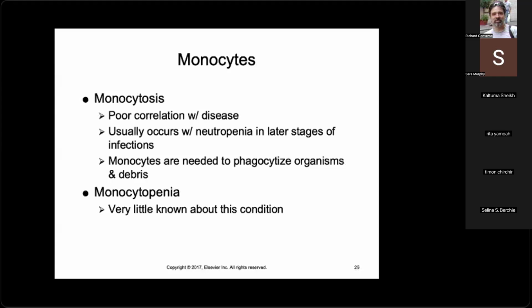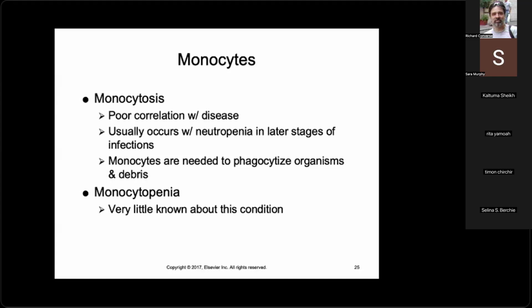Monocytopenia is diagnosed by a complete blood count, a CBC, along with a differential, and is defined as a reduction in blood monocyte count to 500 per microliter, which works out to 0.5 times 10 to the 9th per liter of blood.